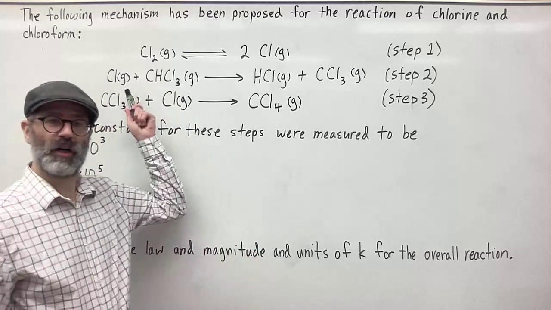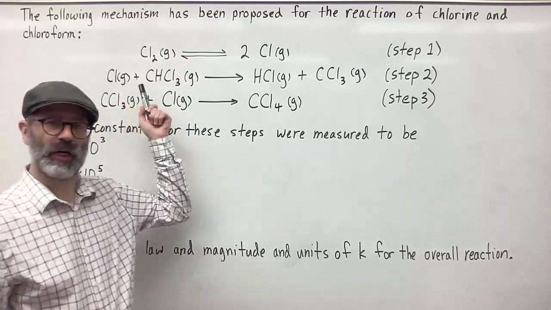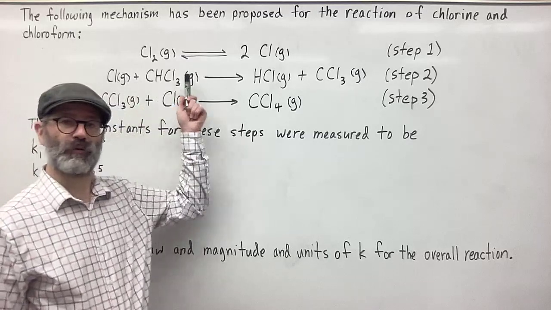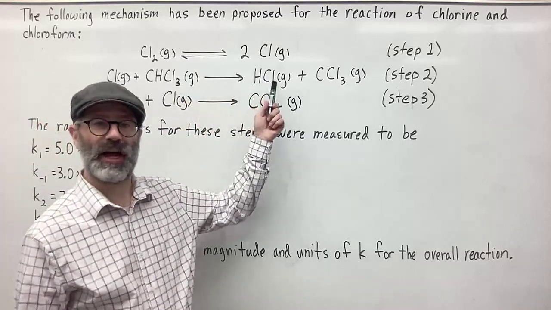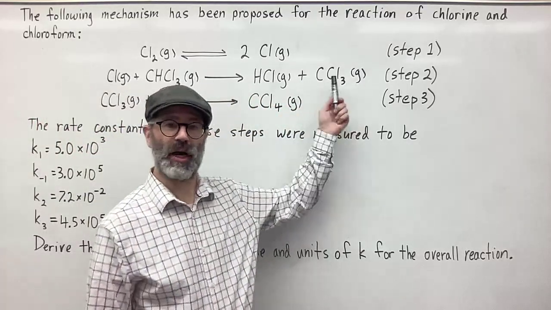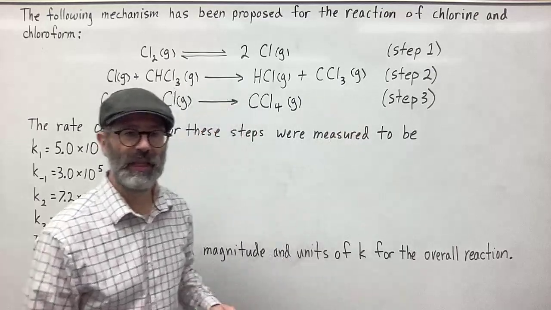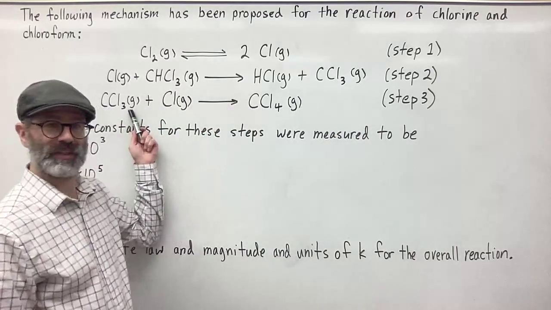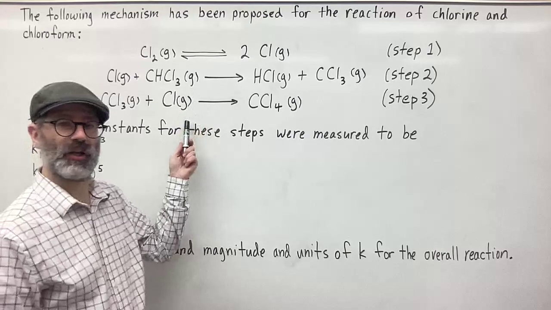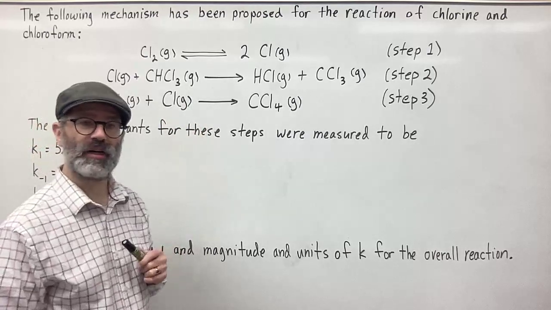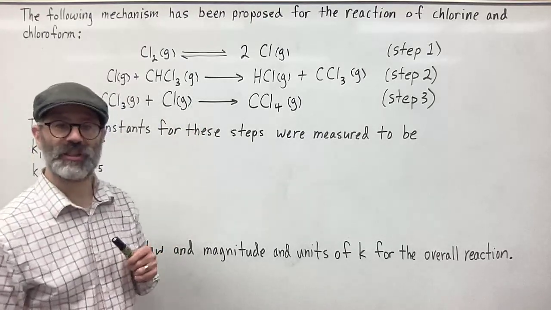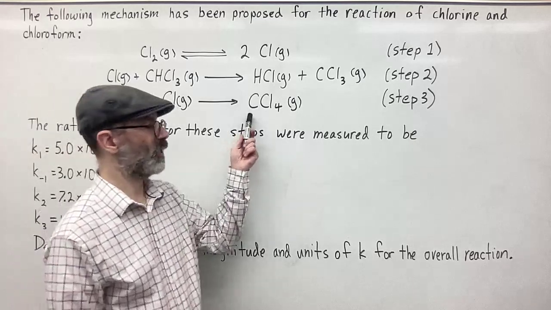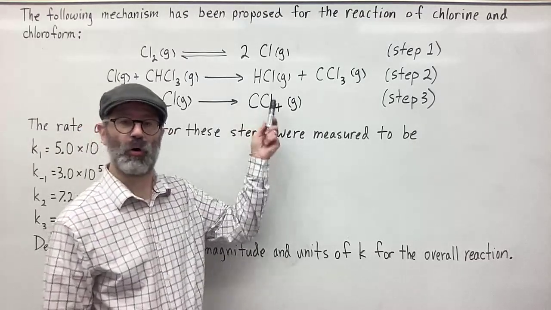And then you have one of those gaseous atoms of chlorine reacting with chloroform to form HCl gas and this carbon trichloride gas. And then the carbon trichloride gas then reacts in step 3 with another one of those chlorine gaseous atoms and forms carbon tetrachloride.